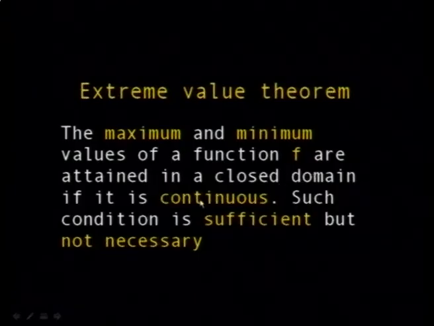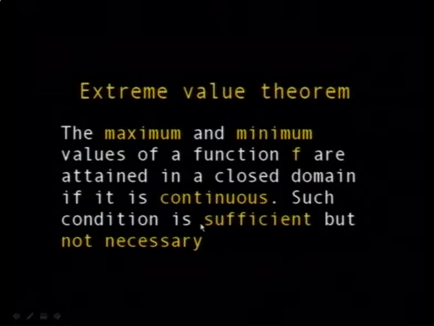In other words, if a function is continuous on a closed domain, surely it has a maximum and a minimum, and this condition is a sufficient condition only, but not necessary, in the sense that the function may not adhere to these conditions, and yet it has a maximum or a minimum.